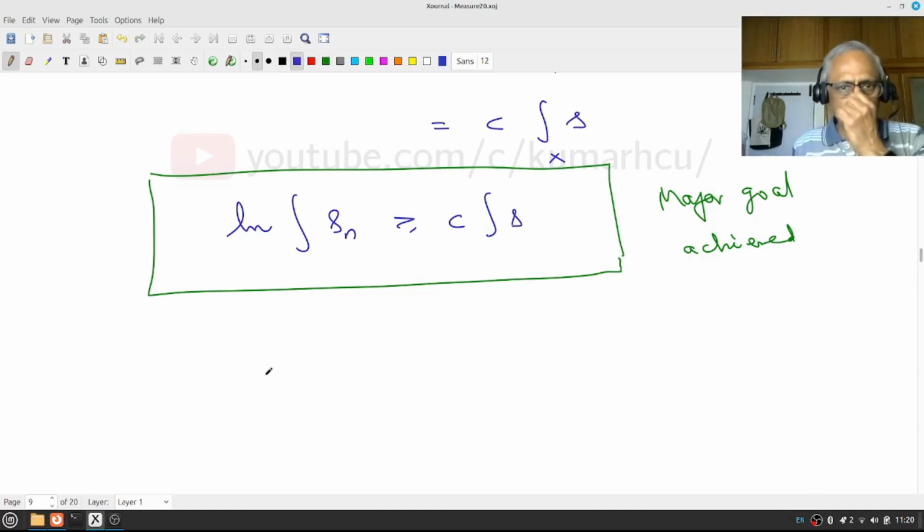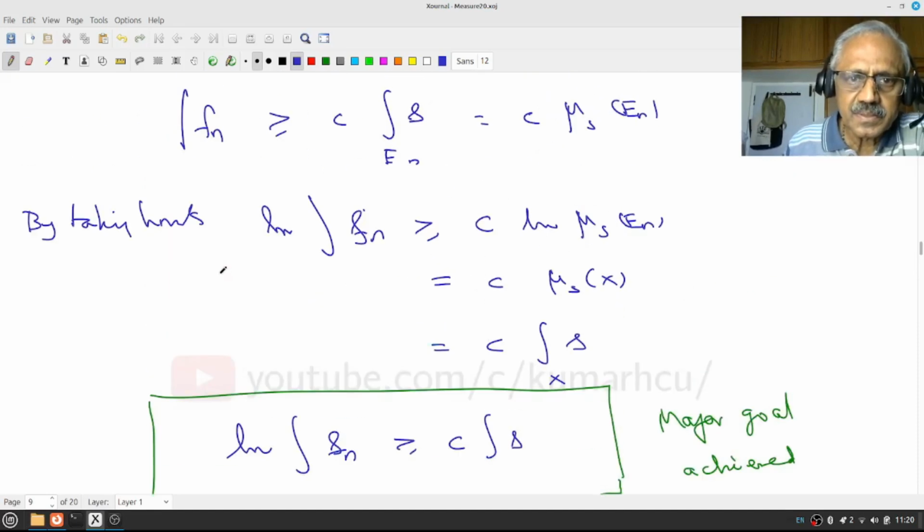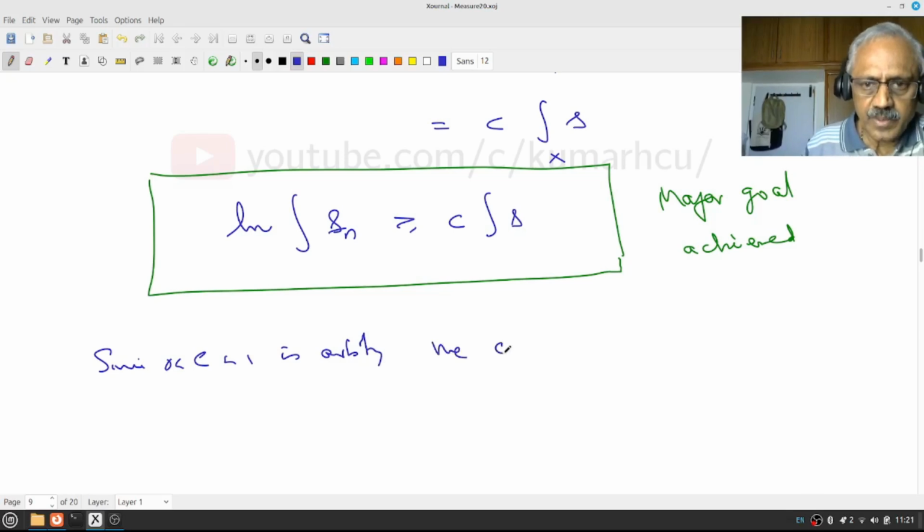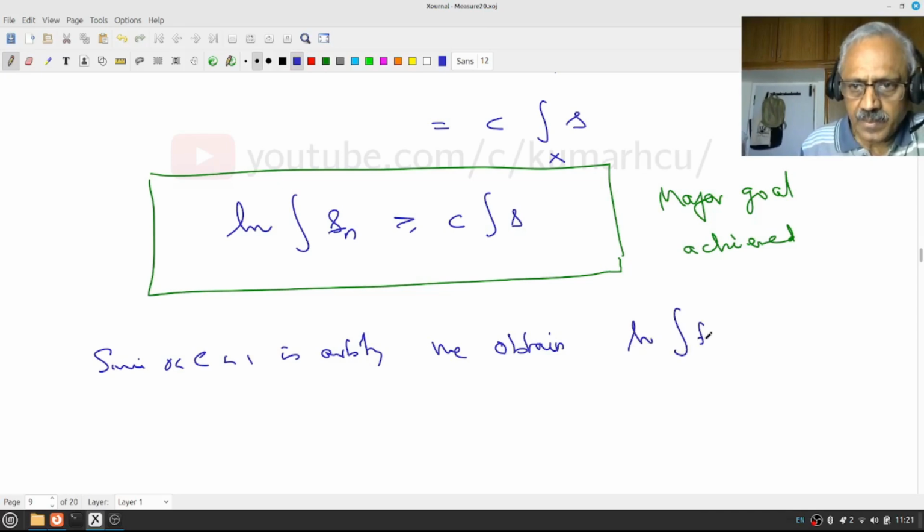So, therefore, sorry, this is fn. Okay, don't think of this. Now, since c is arbitrary, we obtain that the limit of the integral of fn is greater than or equal to the integral of s.